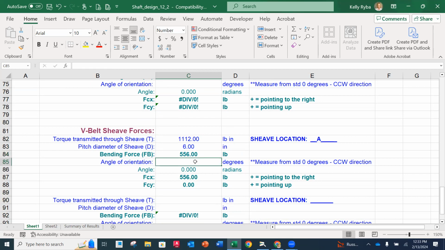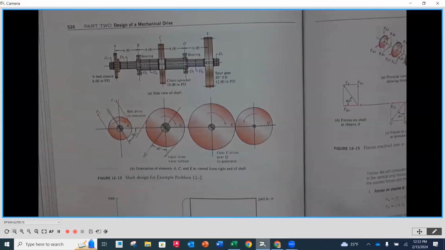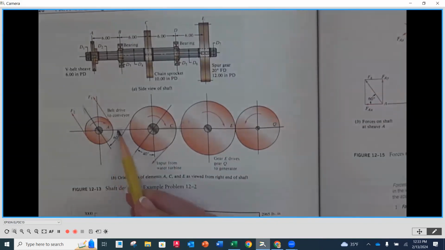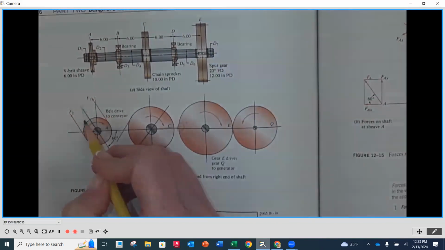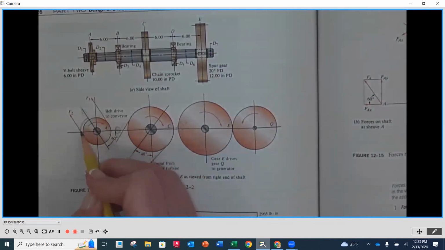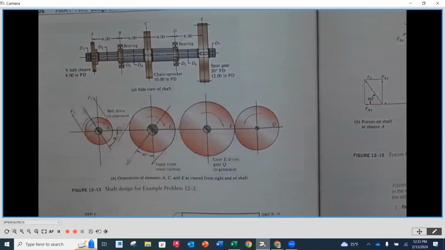And then we're going to add in our angle. The angle that we're given this time is 60 degrees from here. So that would be 60 degrees here as well, right? From our standard 0 degrees here, we would go counterclockwise. It would be 180 minus 60, or 120.